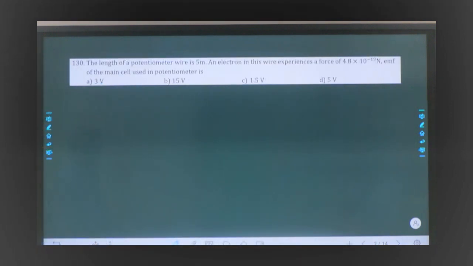Next is 130. The length of potentiometer wire is 5 meter. An electron in the wire experiences a force. Find the EMF of the main cell used. We are given that the electron experiences a force. So force is electric field into charge.